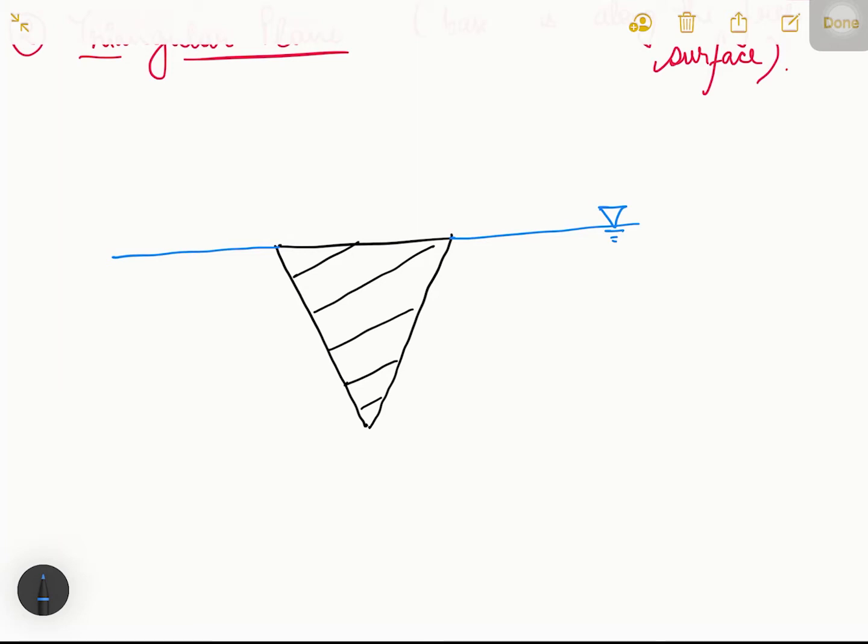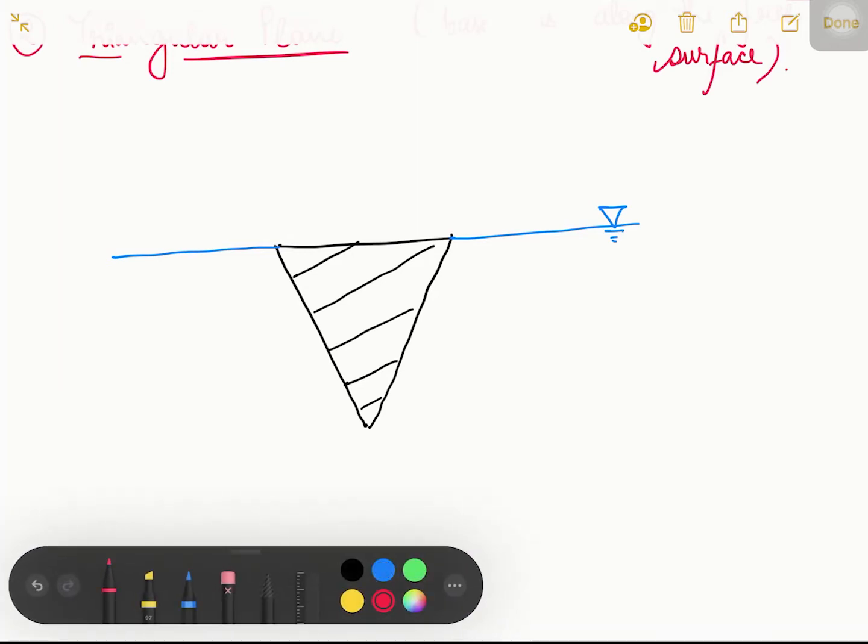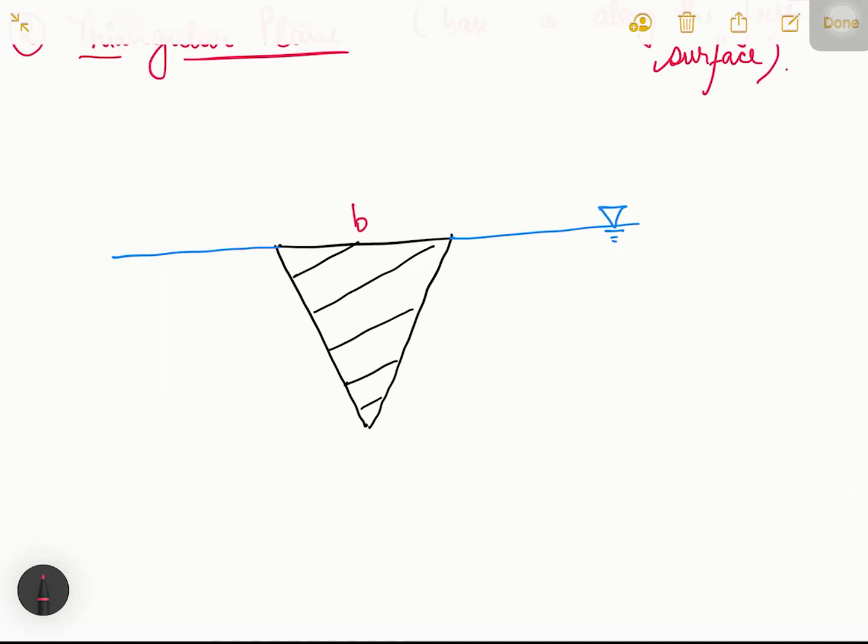Now let us quickly denote various values. This B is the width of the base, and D is the depth. This center of gravity lies here somewhere, and this depth is D by 3.